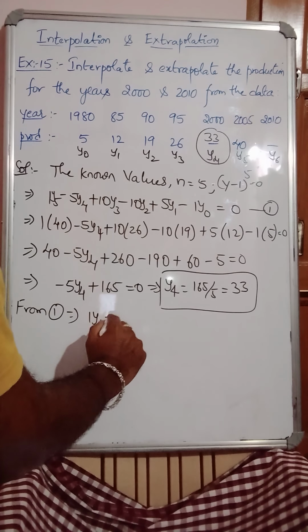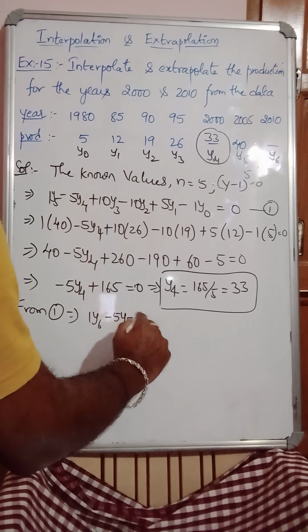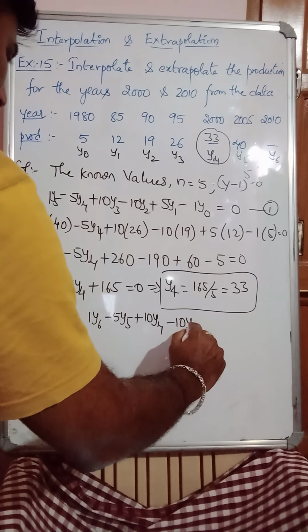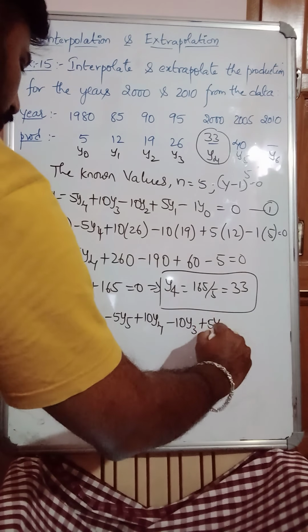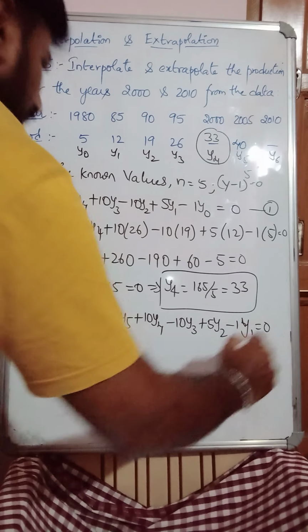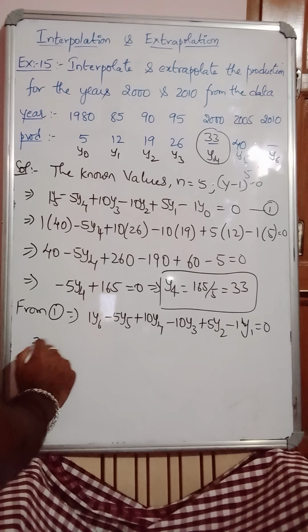1 into y6 minus 5 into y5 plus 10 into y4 minus 10 into y3 plus 5 into y2 minus 1 into y1 equal to 0.